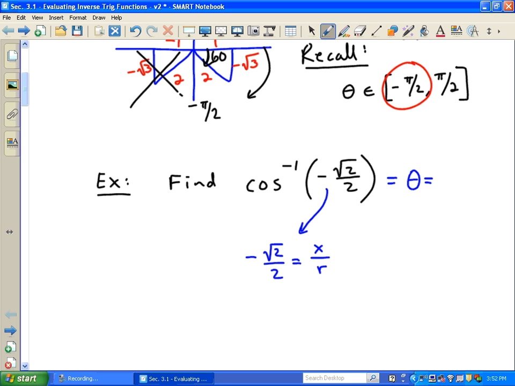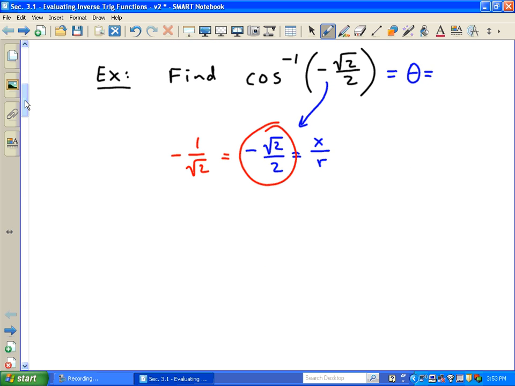Now the problem with this particular example is that negative square root of 2 over 2 has been rationalized. If we unrationalize it, that is actually negative 1 over the square root of 2. So we can see that x is negative 1 and r is the square root of 2. Let's draw that. x is negative in two quadrants.